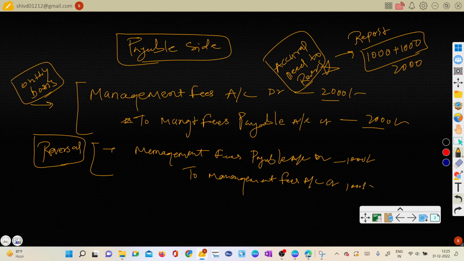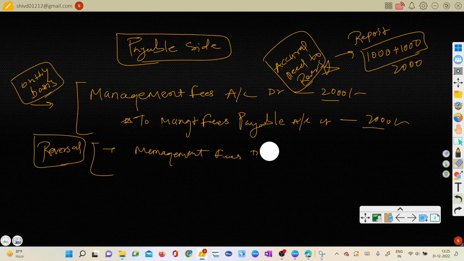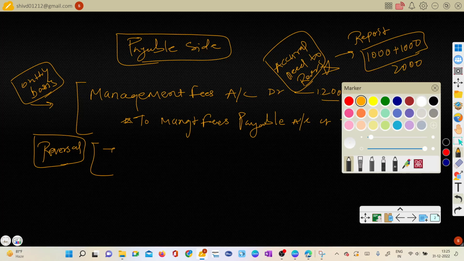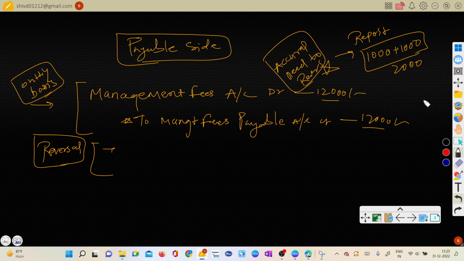Okay, and at the end of the year when you actually receive payment, that entry also will be processed. Let's say at the end of the year the amount payable is around 12K. So this payable would be debited, because you need to remove it or convert it into cash.